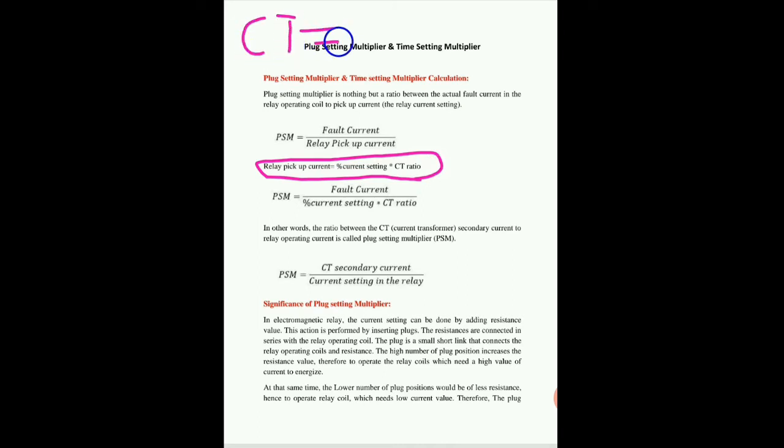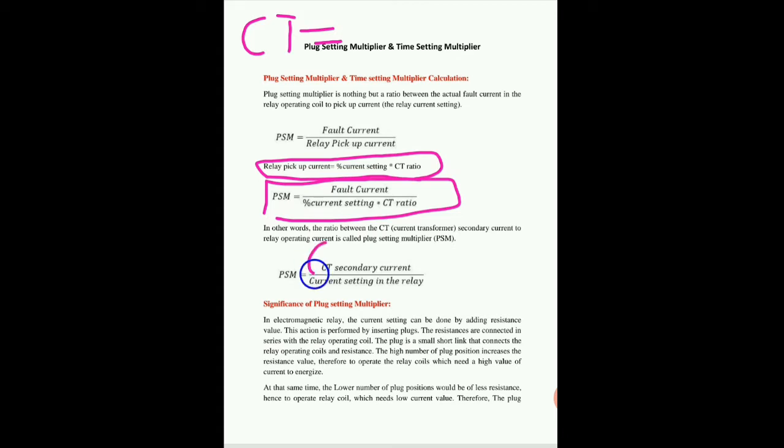CT is defined as current transformer. It is an instrument transformer which is used for the protection of devices in the power system. So now the plug setting multiplier formula becomes: fault current upon percentage current setting multiplied by CT ratio.